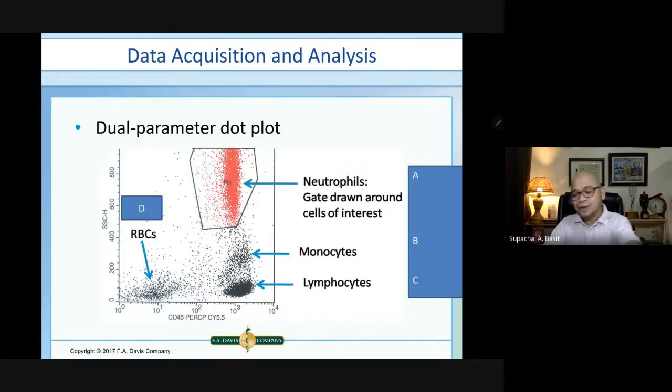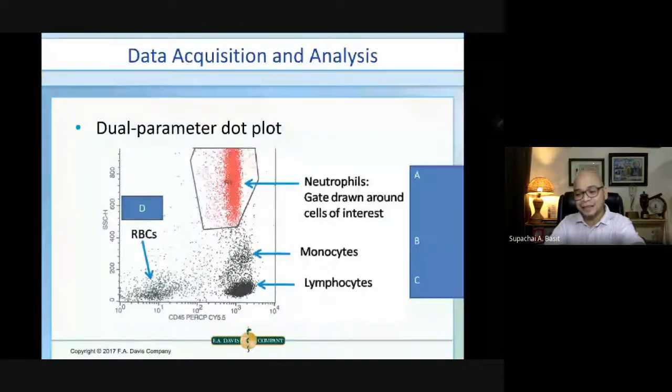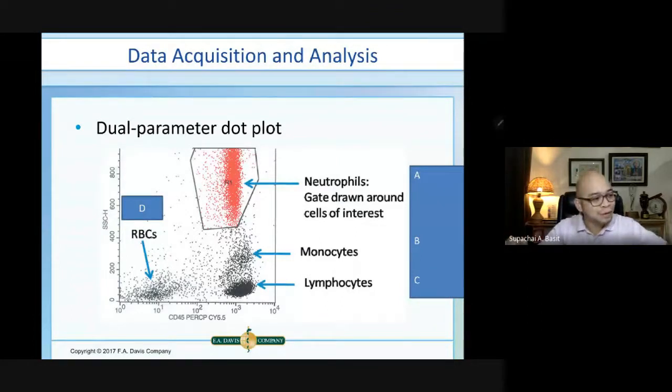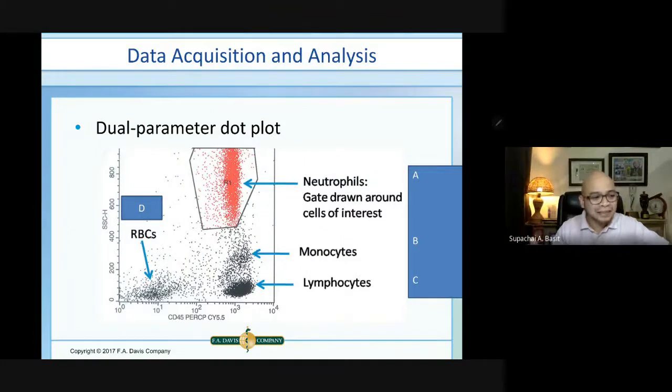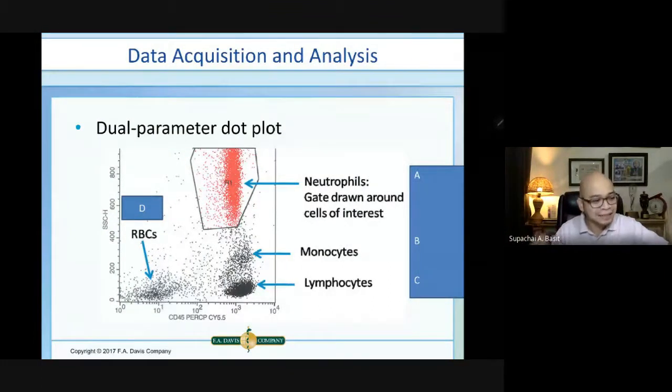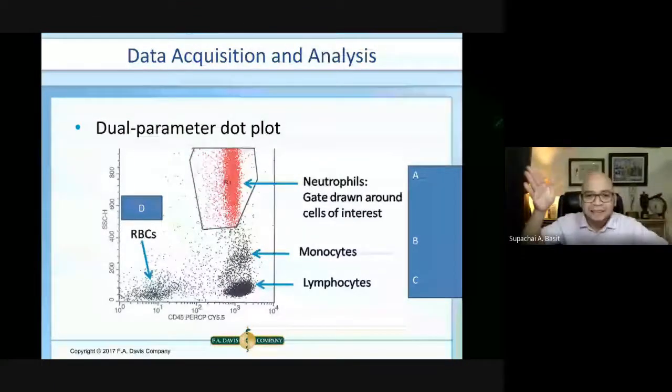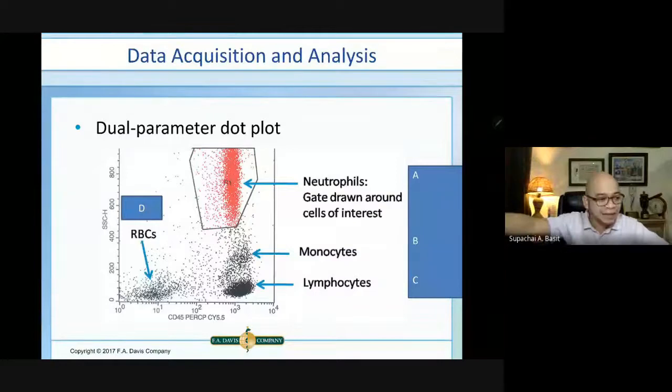So what does the forward scatter determine? The forward scatter will determine light scatter that has gone forward at 180 degrees. So when it is 180 degrees and the light just goes forward, that is the forward scatter.